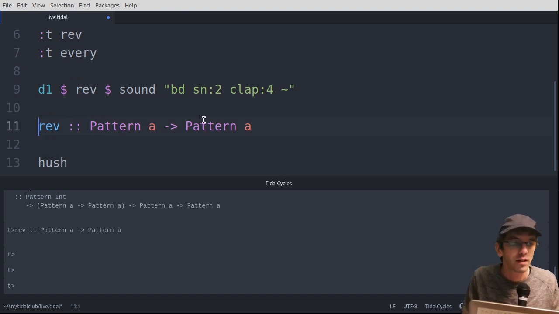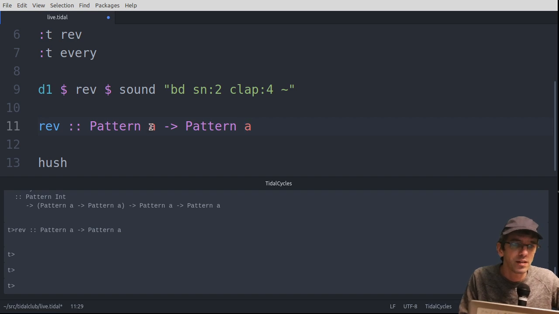So this is kind of its shape, what it expects and what it gives back. And it takes a pattern of type A and returns a new pattern also of type A. So this A is here and this A is here. It can be anything at all.